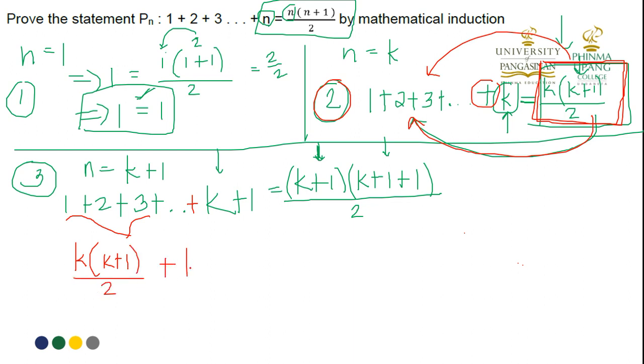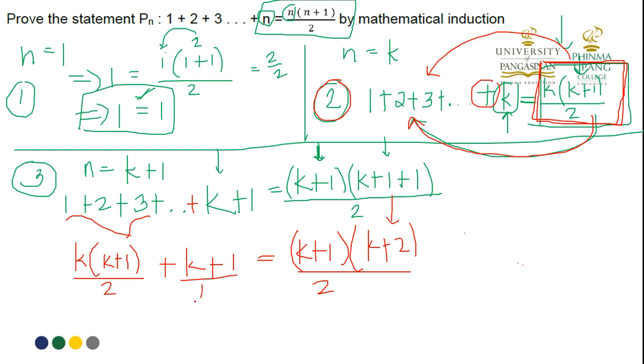Tapos, copy mo yung plus k plus 1. Ito na is magiging k plus 1, tapos k plus 2 all over 2. So yung k plus 1 is k plus 2 na siya. Tapos ito naman, k plus 1 all over 1. The LCD is 2.